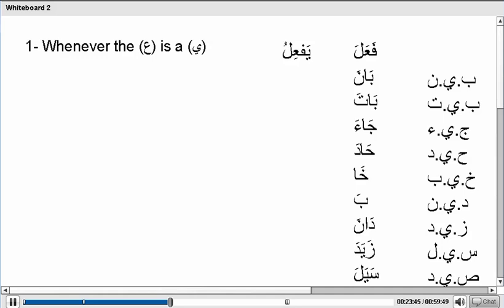دان would be دانا. واضح؟ دانا. And dana has numerous meanings. Dana could mean recompensed. And it could mean also obeyed and surrendered to someone, surrendered to someone with obedience.